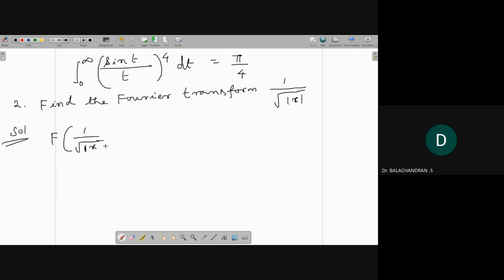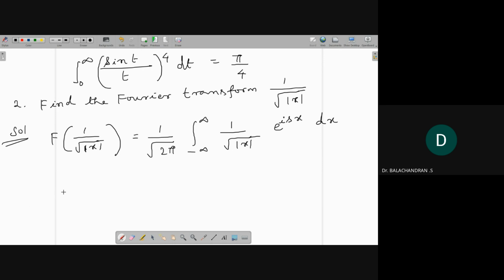So we know that mod x is an even function. So using that concept only we are going to solve. 1 by root 2 pi, minus infinity to plus infinity, f of x is what? 1 by root mod x into e power isx into dx.